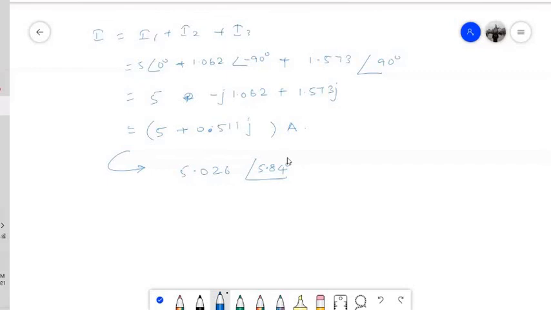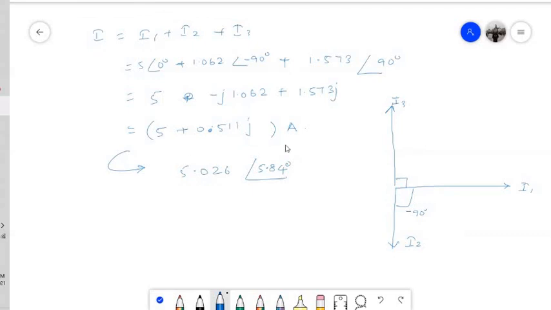Now how to draw the phasor diagram? You know that I1 has phase angle 0 degree. What about I3? In the case of I3, the phase angle was plus 90 degree. And in the case of I2, the phase angle was minus 90 degree.